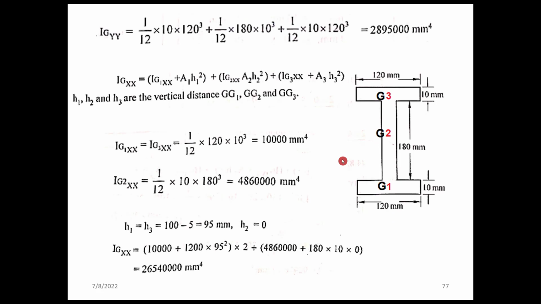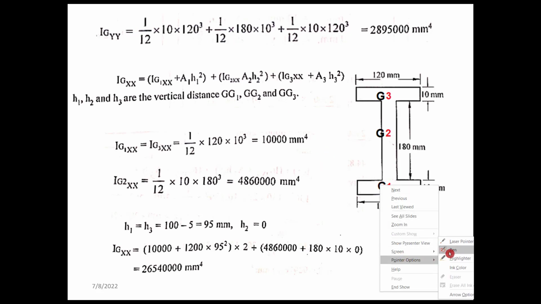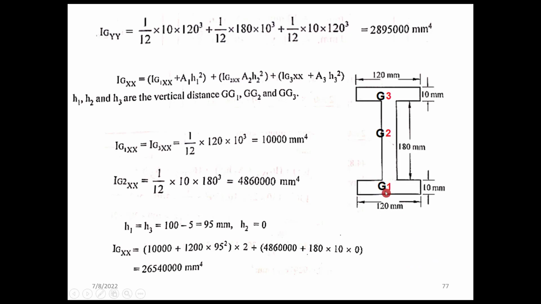So we have G1, G2, G3. IGYY is equal to, for the first area, 1 by 12 into B, which is this small bit, 10, into 120 cube, plus G2, whose base width is 180, into thickness D, which is 10, and similar for the G3. G1 and G3 are same.